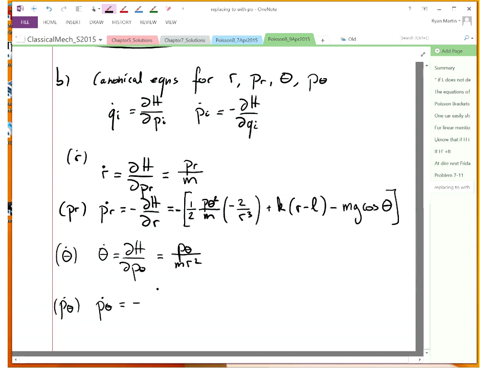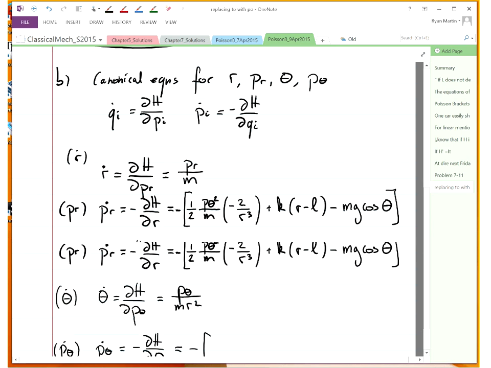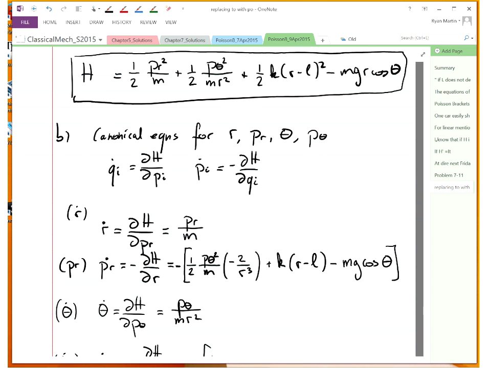P theta dot is minus ∂H/∂theta. Where the theta is in the Hamiltonian, only the last term has a theta. So that's going to be confusing. There's a lot of minus signs that are going to flip around.